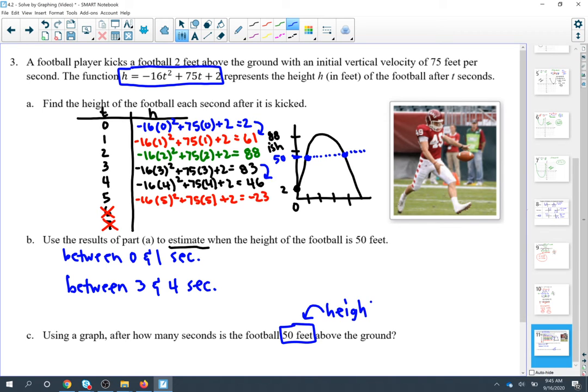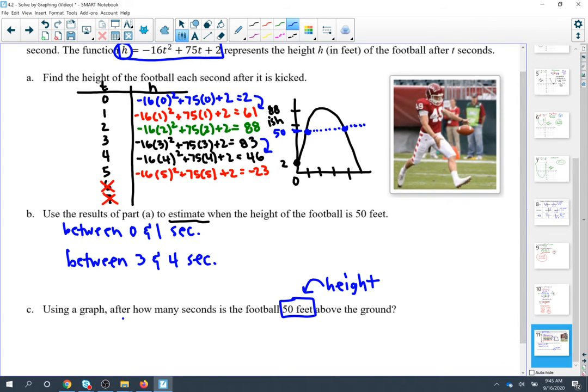So in my function, I'm going to come back to my h, and I'm going to substitute 50. So what we're going to be looking at is the equation 50 equals negative 16 t squared plus 75t plus 2.